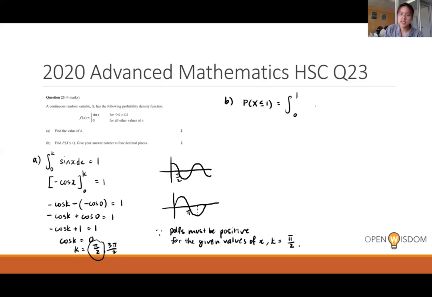So integrating this is now very similar to part A. Again, the integral of sine x is minus cos x. And then we substitute the top bound first.